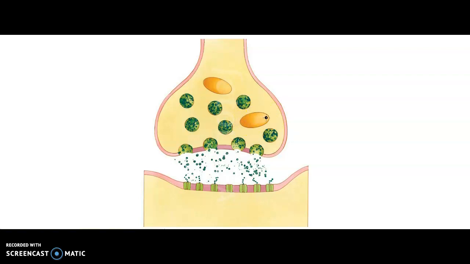It's used to synthesize acetylcholine and other neurotransmitters. So these are actually the neurotransmitters themselves. And then we got the synaptic gap here and synaptic clefts. This neuron is actually called the postsynaptic neuron.